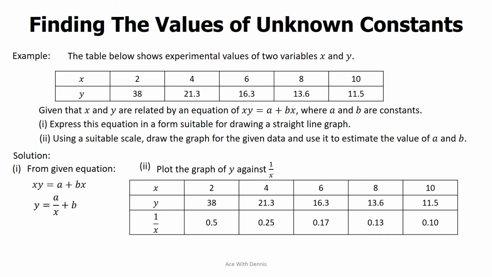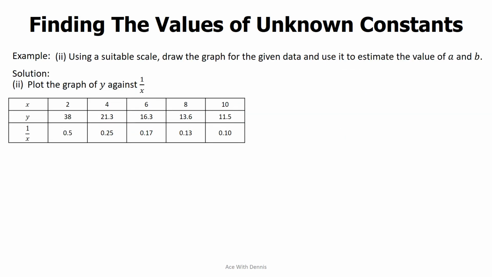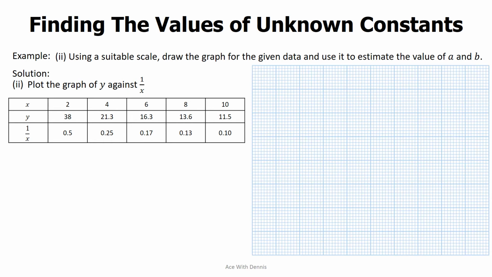So we need to calculate the value of 1 over x. From the data given, this is the value that we get for 1 over x. And now using the table that was obtained just now, we can start to plot the graph of y against 1 over x.